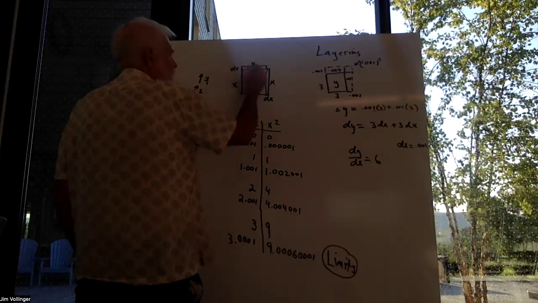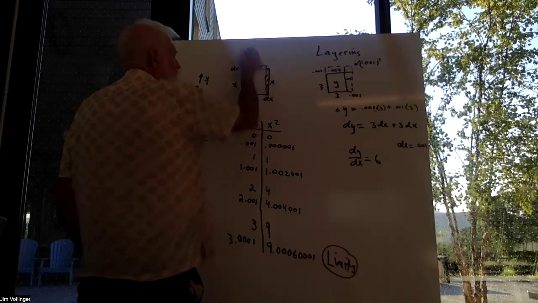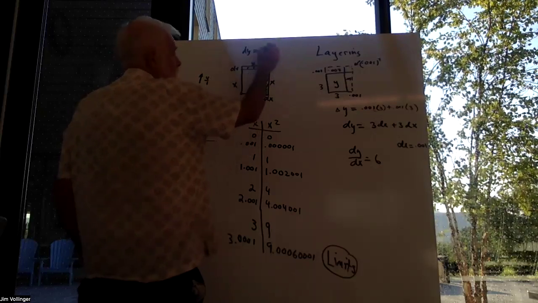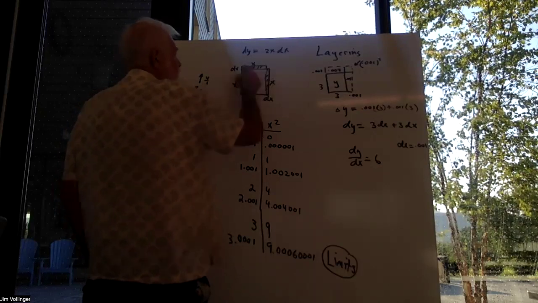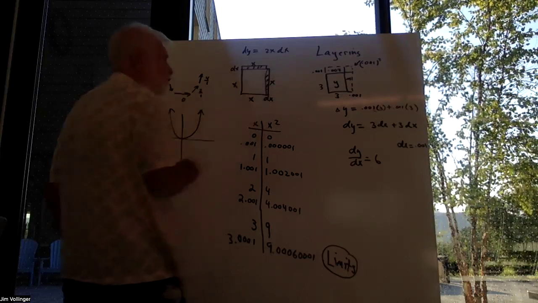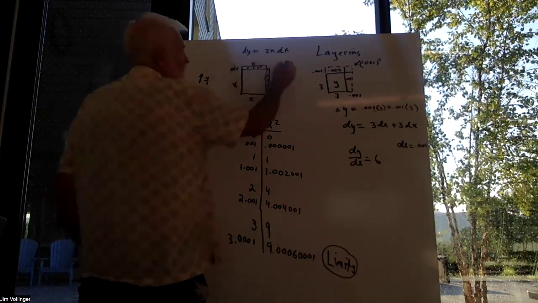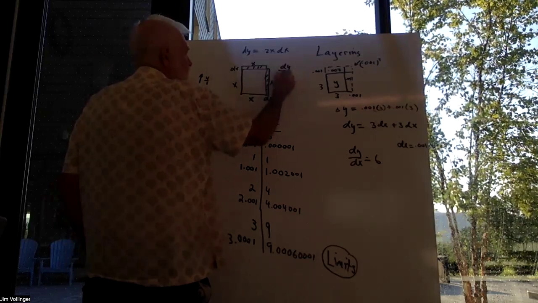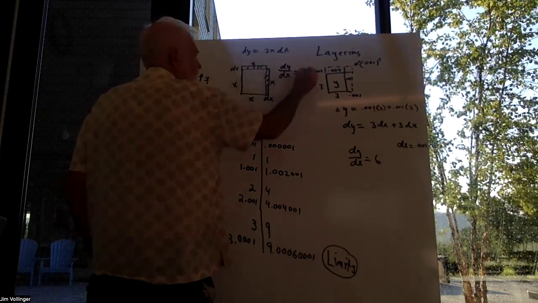We can see that our change in y, we'll call it dy, is equal to 2x dx, right? X times dx is that area, another x times dx is that area. So you got two of them. And then you can see how that step translates into dy over dx equals 2x, right?